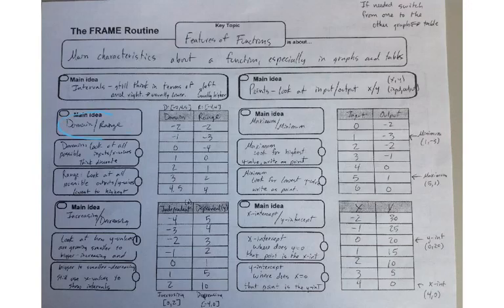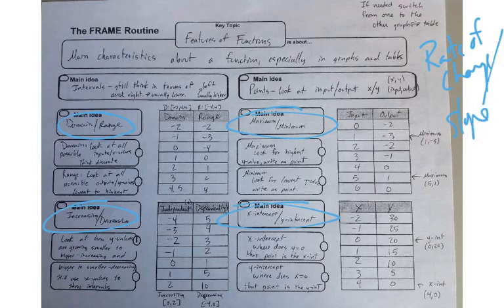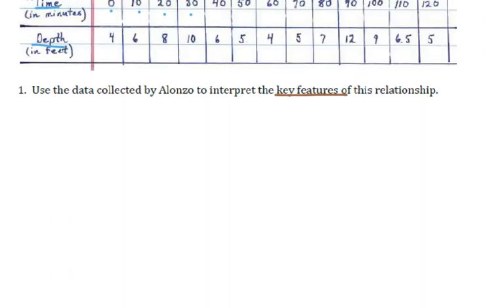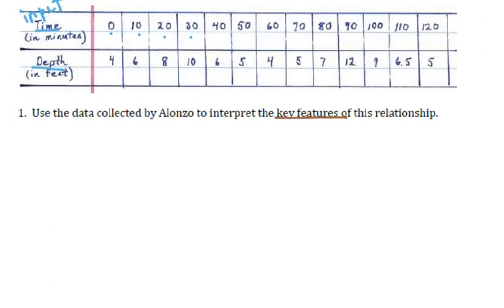We're looking at domain and range, increasing, decreasing, x and y intercepts, maximums and minimums. We're probably also thinking about the rate of change or slope, and that kind of stuff.